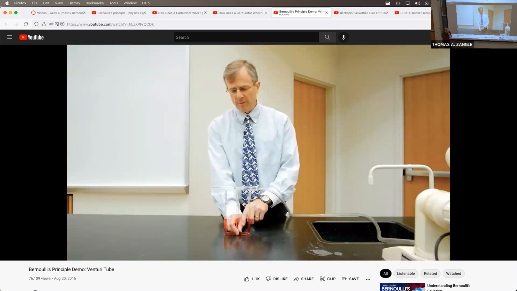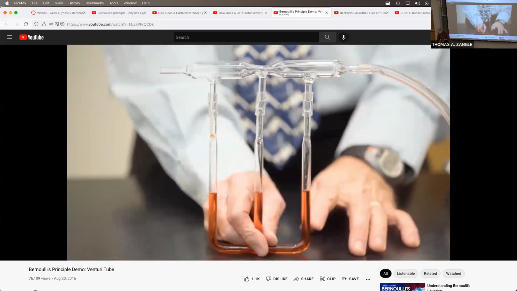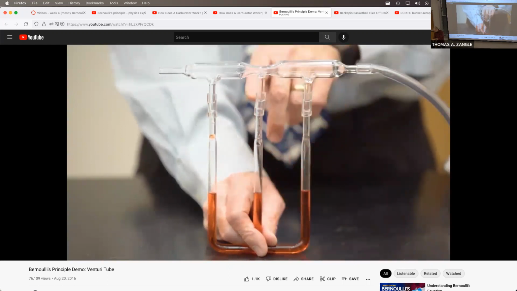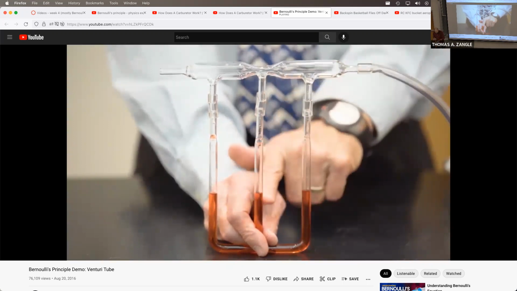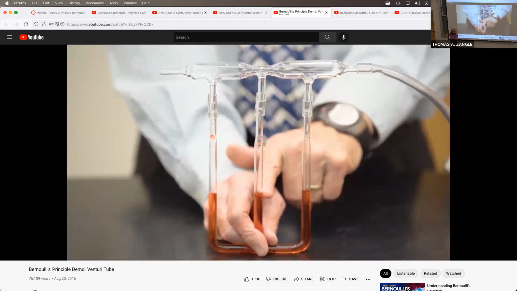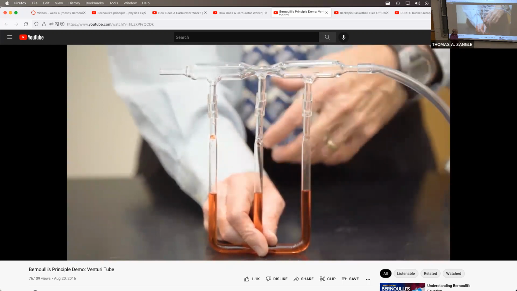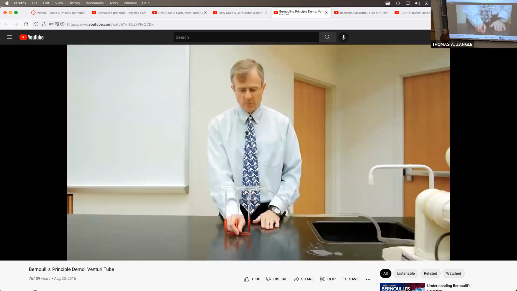And we can demonstrate that using this colored water. I filled the bottom of these U-shaped glass tubing with water that has a bit of food coloring added to it. What you'll see is when we turn on the air, this column of water in the middle will rise because the pressure here is lower, essentially acting as a suction for the water.